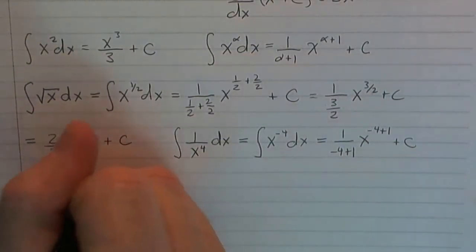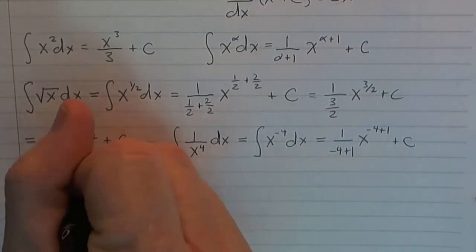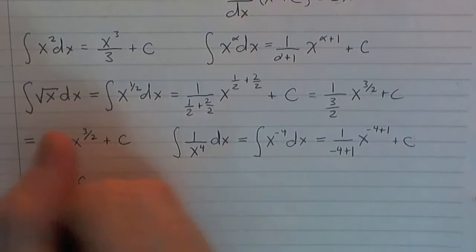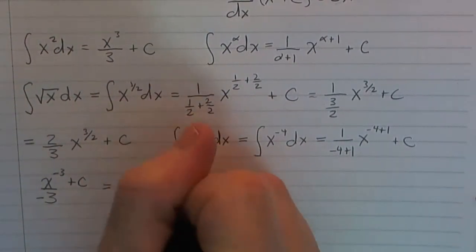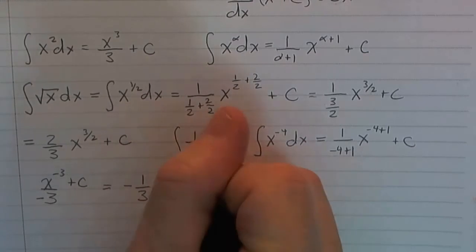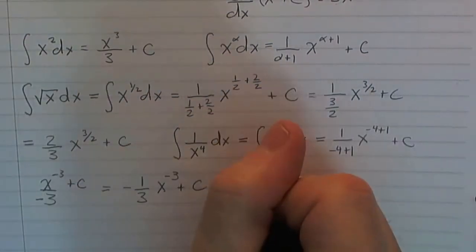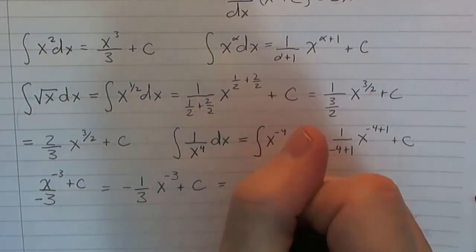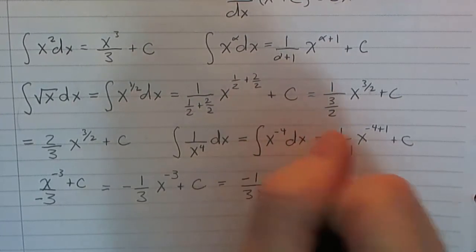So what you're going to get is x to the -3 plus c, and there is a -3 down here. So you might write that as -1/3 x to the -3. Or if you want to put it back like you found it with the variable in the denominator, this might be -1 over 3x to the 3rd.